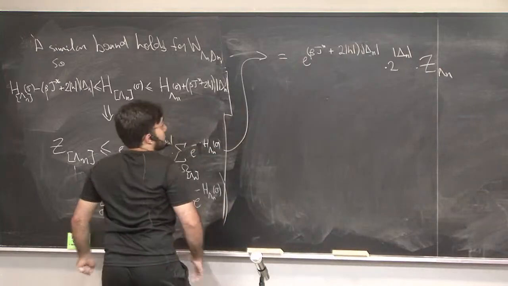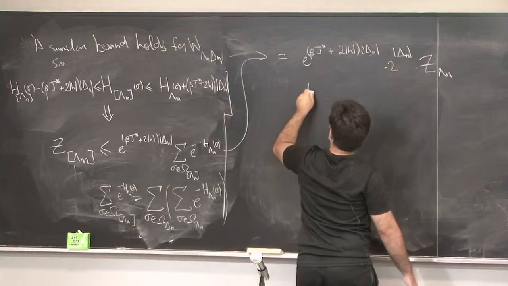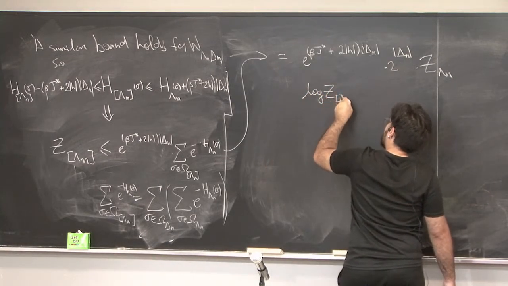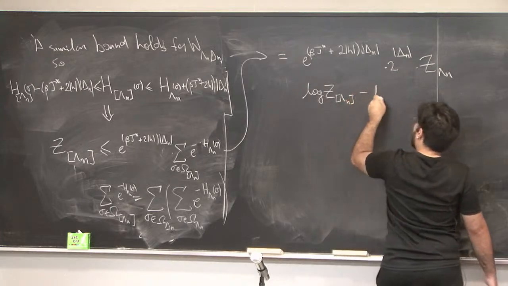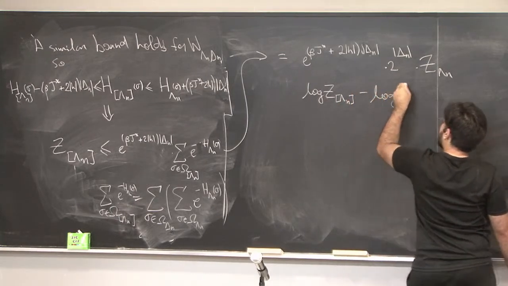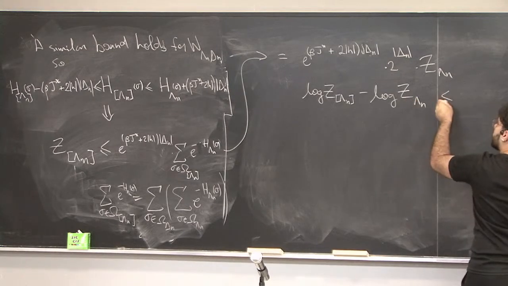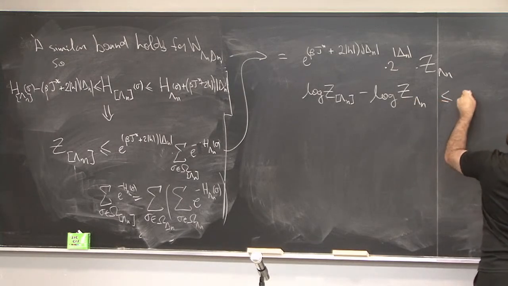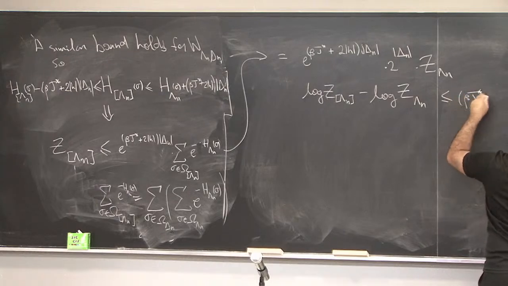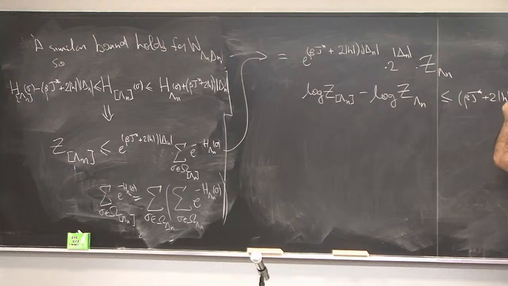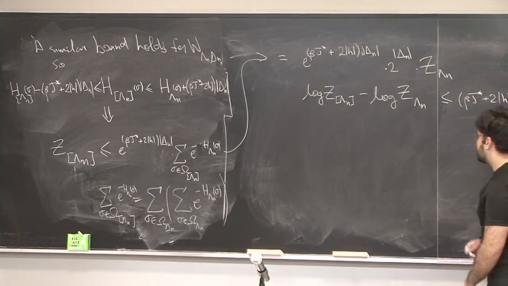Now you take the logarithm, and then you have that the logarithm of z in the cover minus the logarithm of z in the set lambda n is actually less than beta j star plus 2h times the size of delta n.